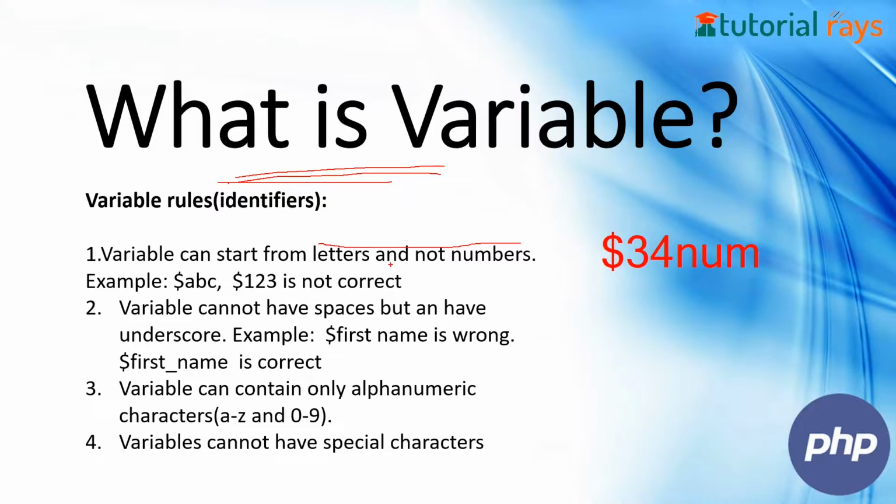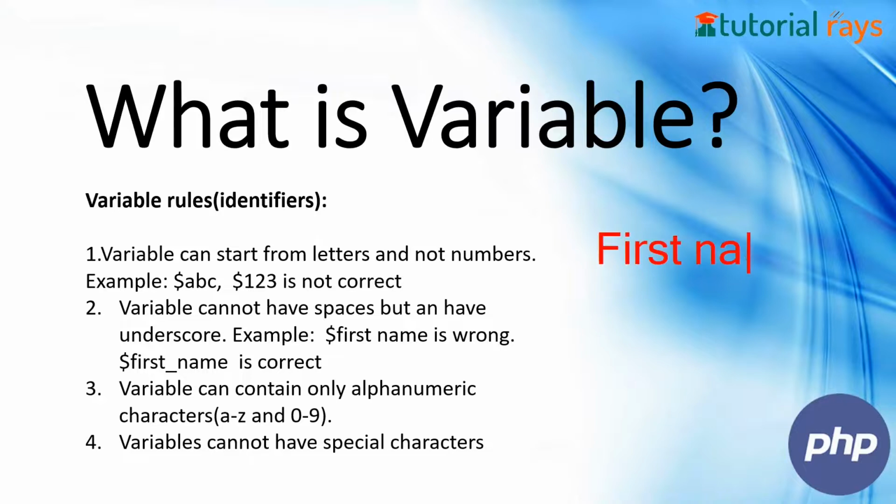The second thing is a variable cannot have spaces, but it can have an underscore. So if you declare first name with a space, this is wrong. You should declare firstname, this is correct, with no space between the two.